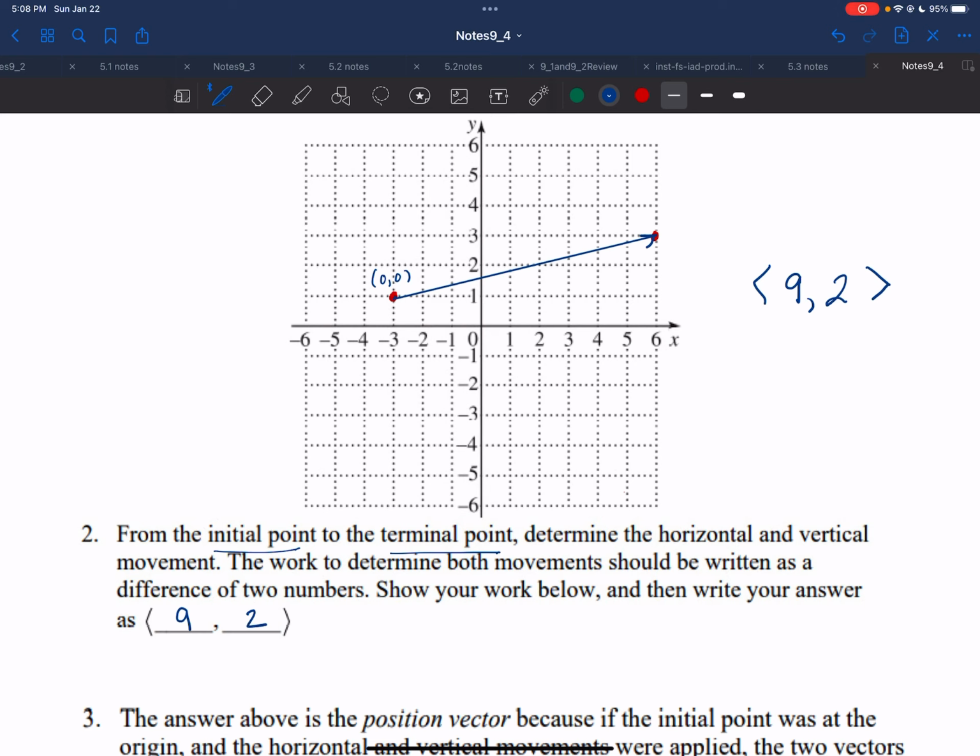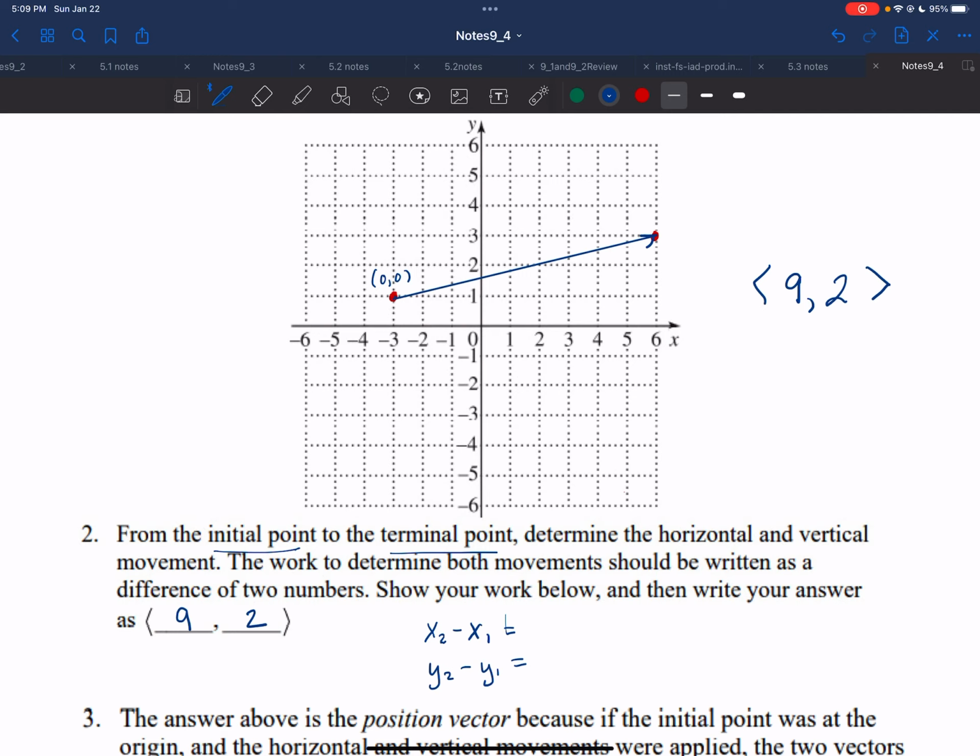The other way you can do that is to take your plot points. You can say that you have your point 2, so x2 minus x1 is going to give you your x value, and y2 minus y1 is going to give you your y value. So let's go through that.